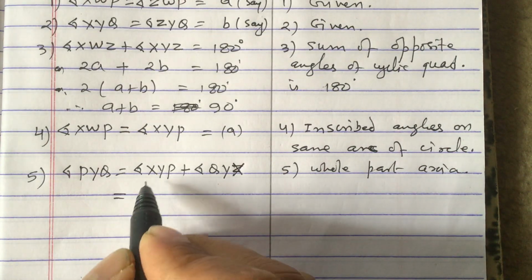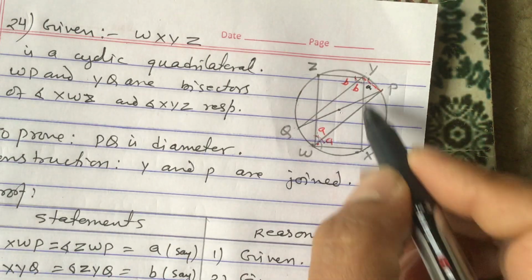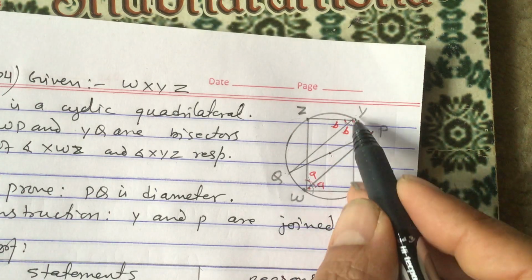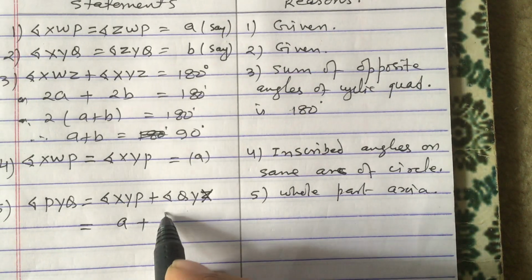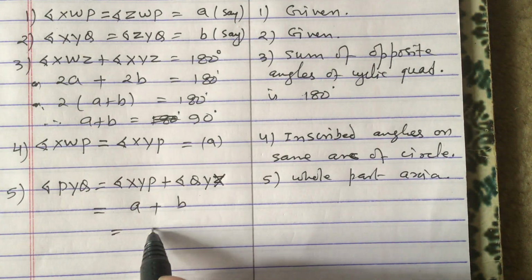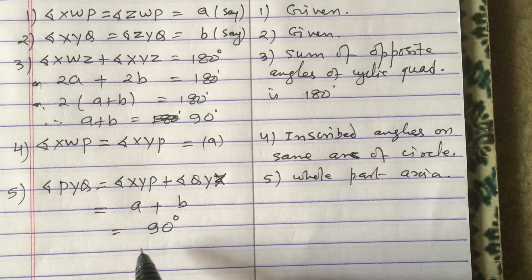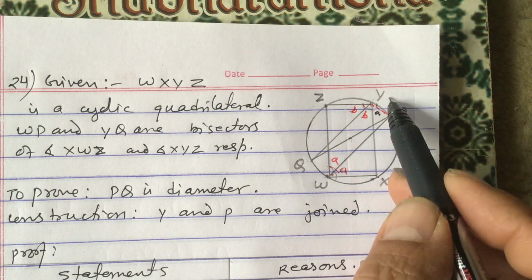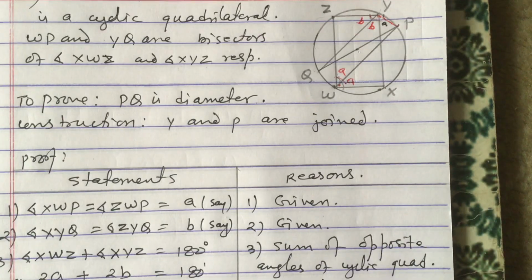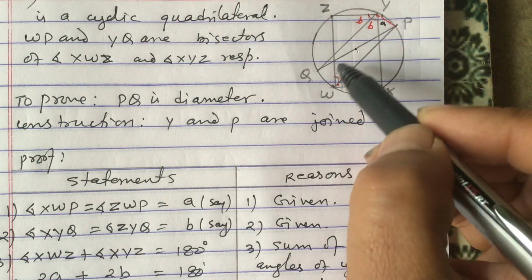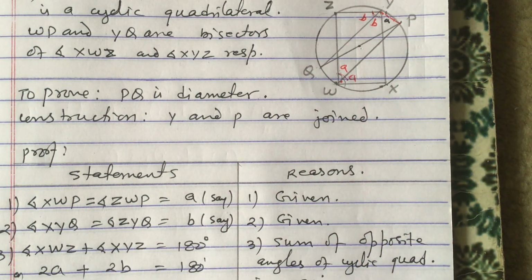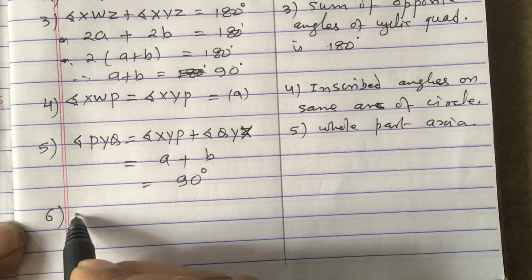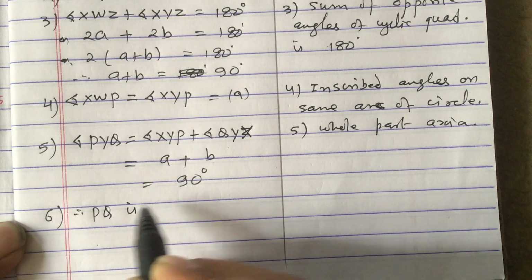Now see, this equals to XYP is A plus QYX, this is B, and already we have proved A plus B is 90 degree. Yes, so we got angle PYQ equals to 90 degree, isn't so? If PYQ 90 degree, then PQ is diameter, so angle in semicircle is 90 degree. Okay, number 6, therefore PQ is diameter.